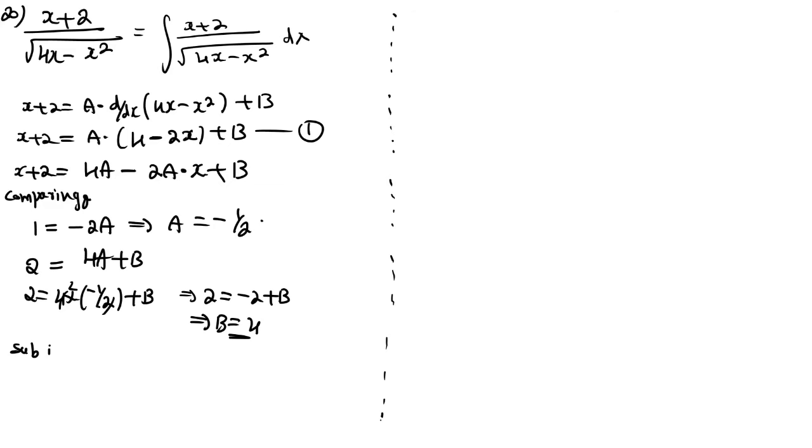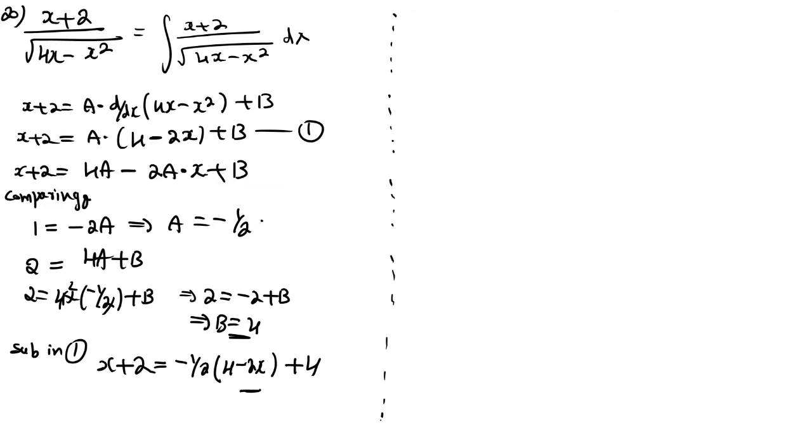Substituting in equation 1, what you will get? x plus 2 is equal to a into, what is a value? Substitute a value. We have a value is equal to minus 1 by 2. So minus 1 by 2 into 4 minus 2x, and b value you got, it's equal to plus 4.